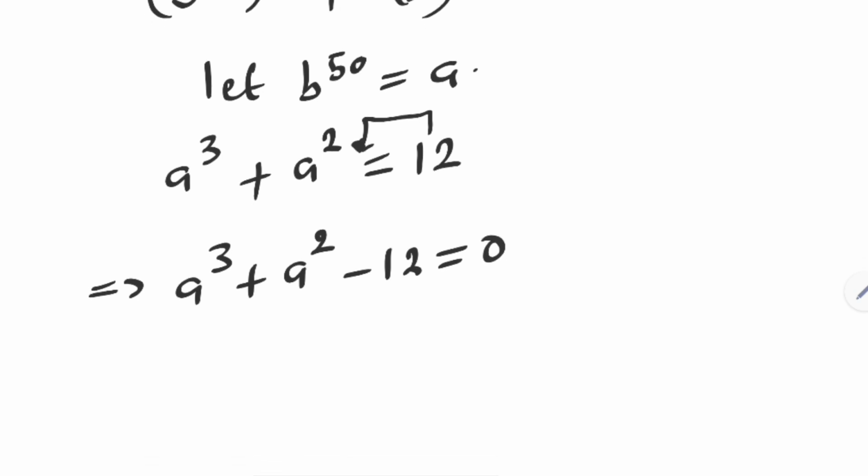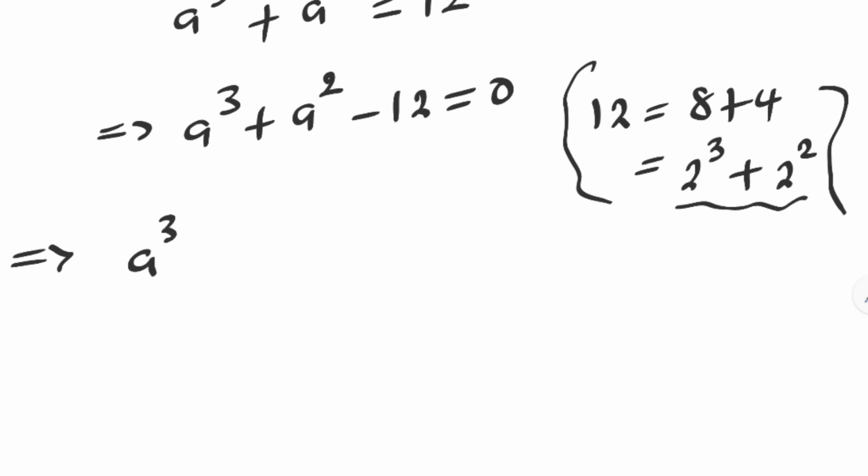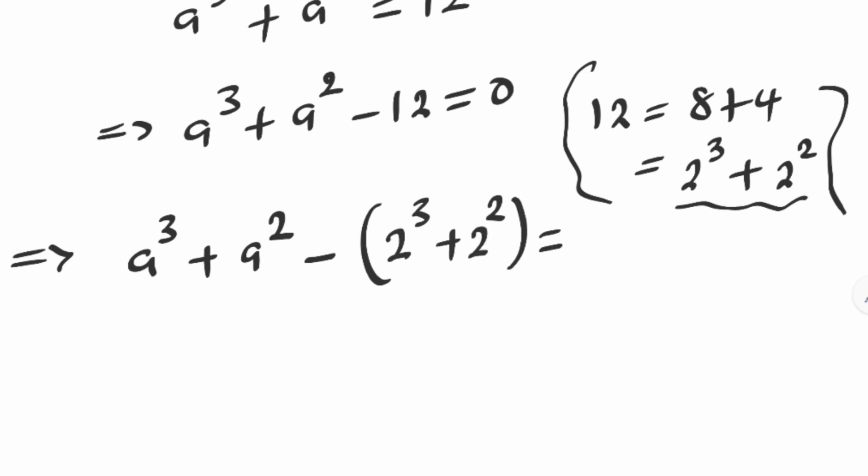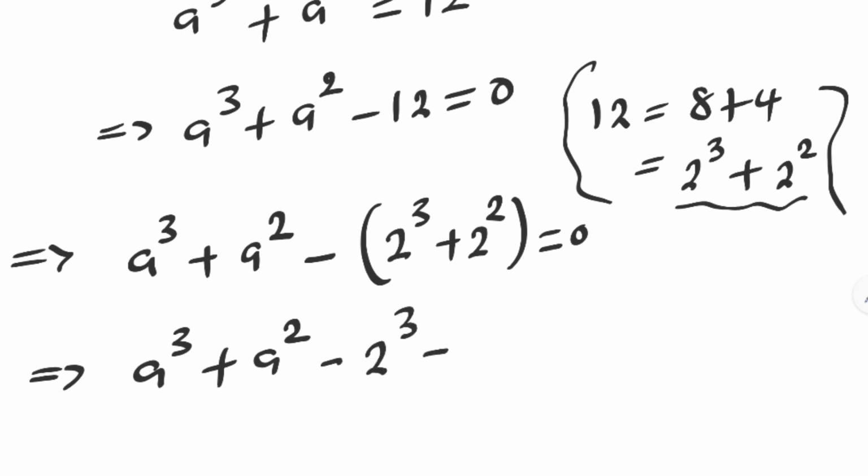Now, but 12 is equal to 8 plus 4. This is equal to 2 raised to power 3 plus 2 square. a raised to power 3 plus a square minus 12 can be written as a raised to power 3 plus a square, let us open the bracket with this negative, minus 2 raised to power 3 minus 2 square is equal to 0.